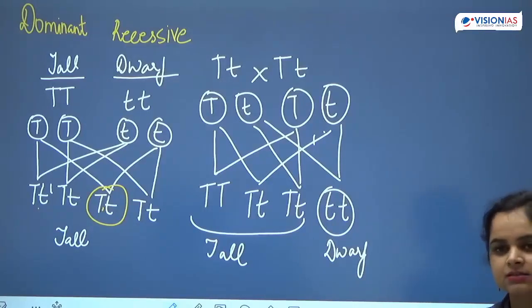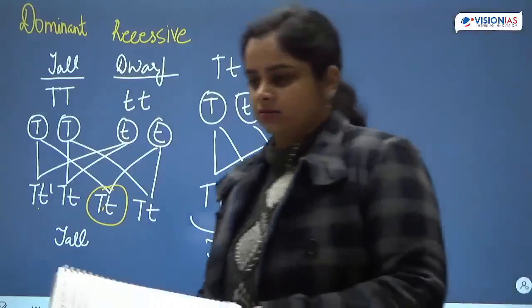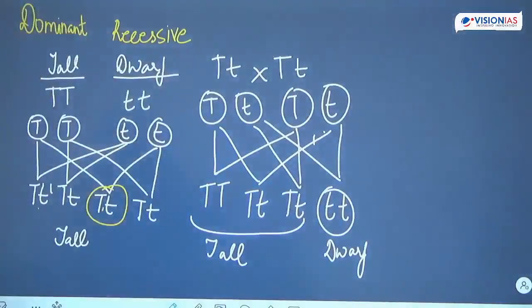For instance, tallness in garden pea is dominant over dwarfness.